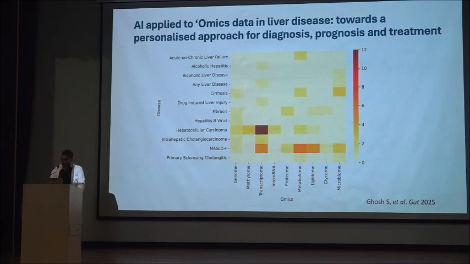Then there is one review article from Mamta Bhatt's group where AI was applied to omics data. They tried to show that for MAFLD plus MAFLD cirrhosis or MAFLD HCC or liver-related deaths, the role of transcriptomes and metabolome has been studied the most.